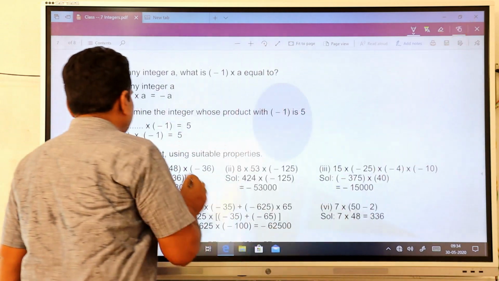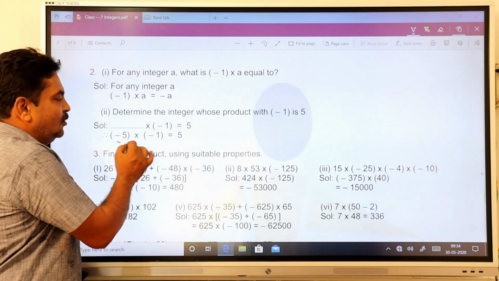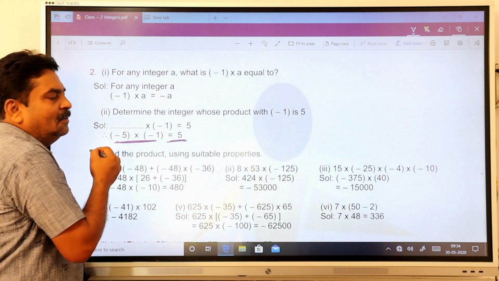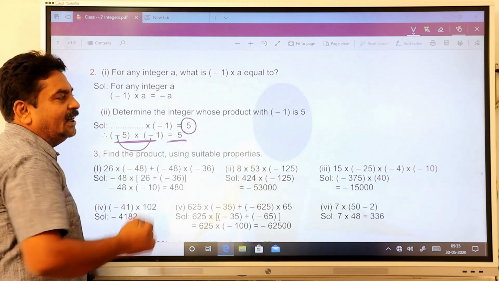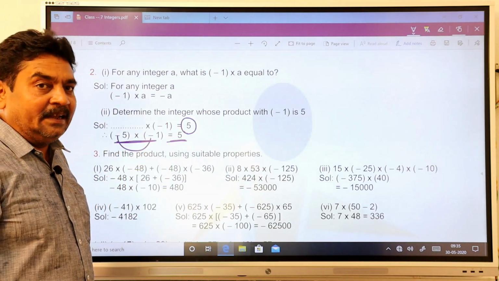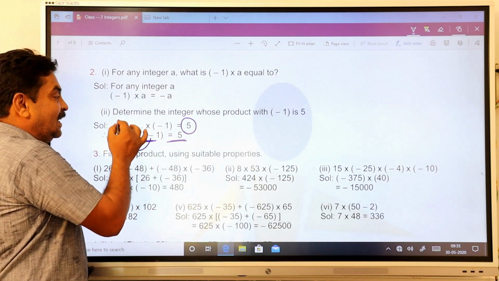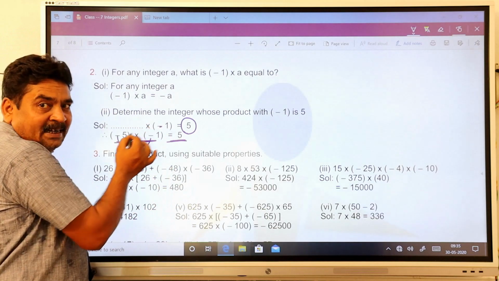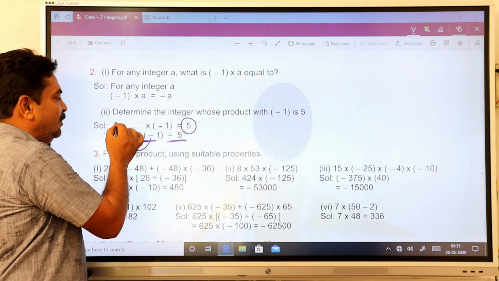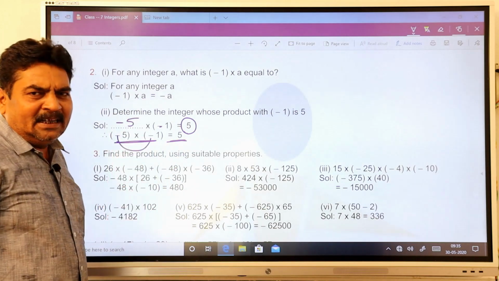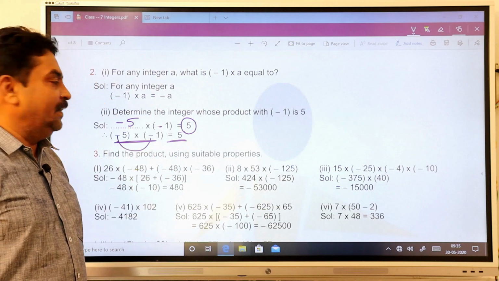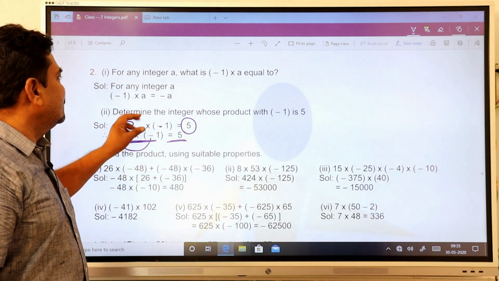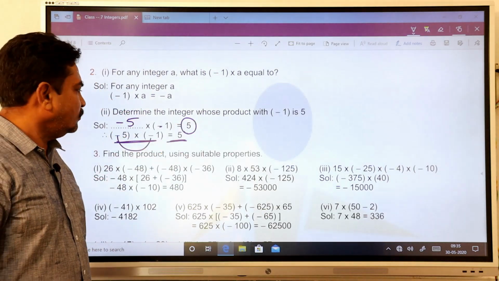Why? Because minus 5 into minus 1 is plus 5. Minus into minus is plus, because it is asking you to get positive 5. When you multiply something by minus 1, you should get plus 5, which means you have to multiply with minus 5. Minus 5 into minus 1 is plus 5. This is a simple question.